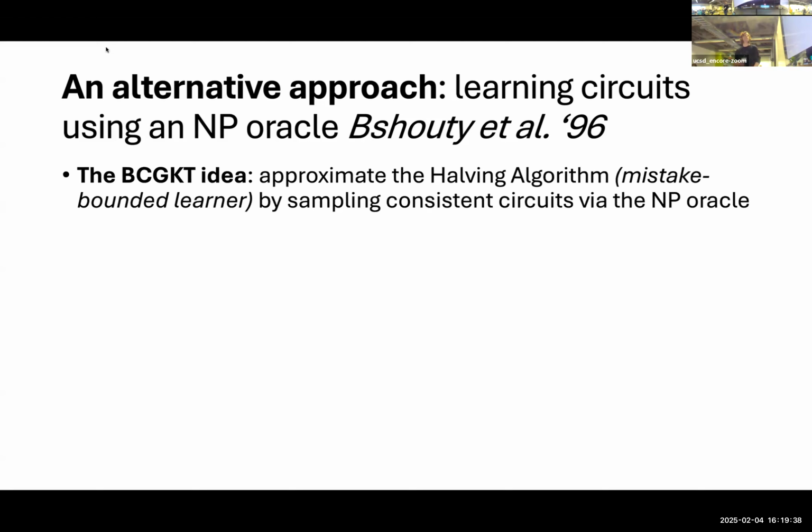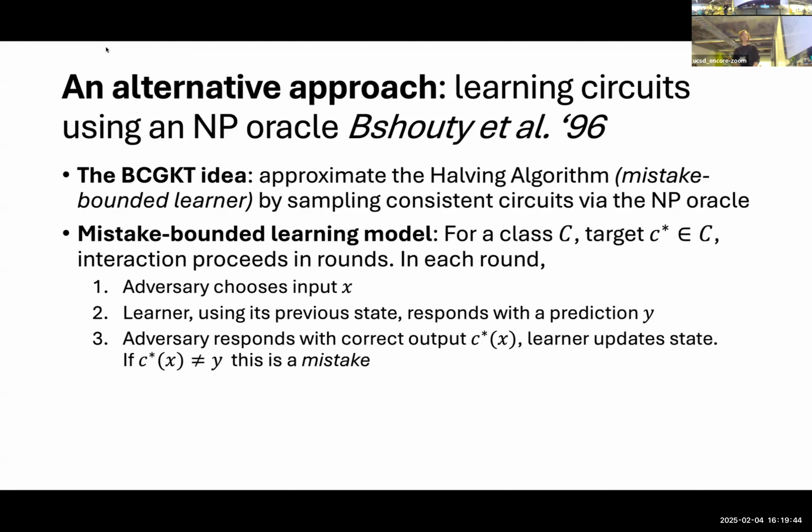Yeah, their idea was to approximate the halving algorithm, which was a mistake-bounded learner. Walko introduced the mistake-bound model this morning, so thankfully this is relatively familiar to you by now. But there it is again.